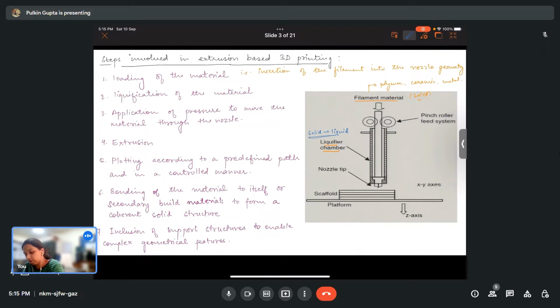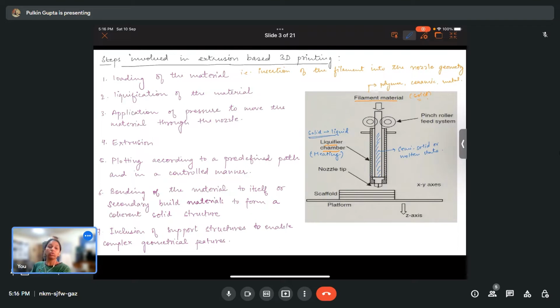Heat is required, so here heating is happening. When this heating occurs, the material goes into a semi-solid or molten state.